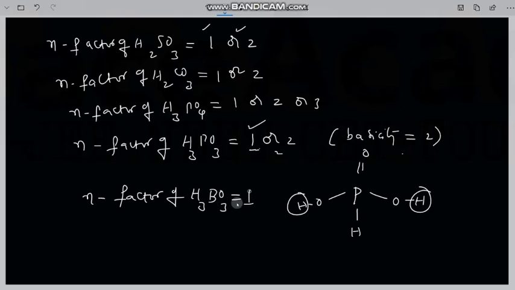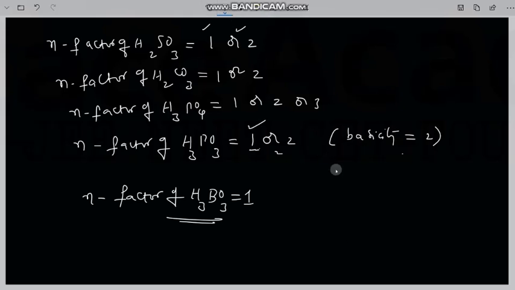H3BO3, that is 1. Although the formula looks like there are 3 hydrogens in it, in boric acid we have 3 hydrogens, but the N factor is not 2, it is not 3, it's only 1.